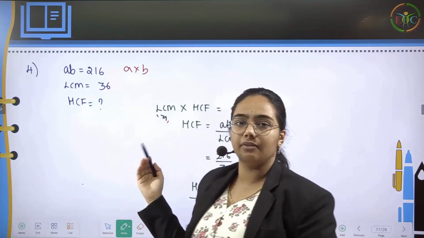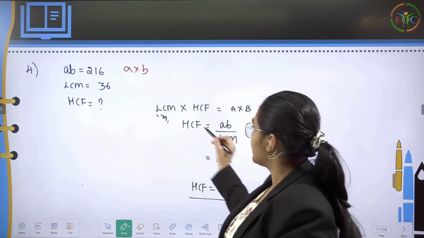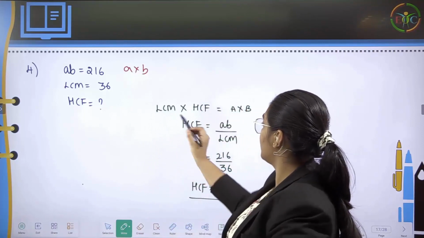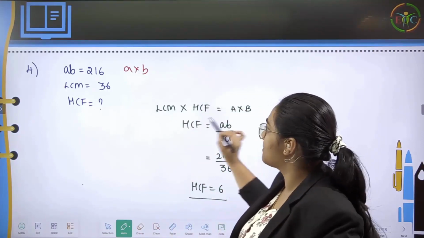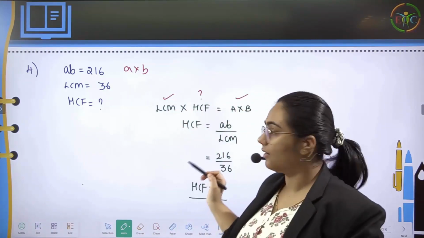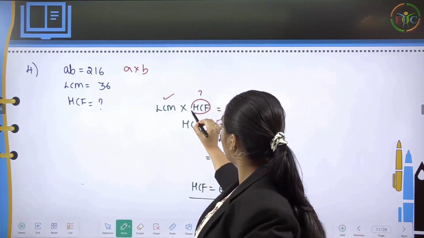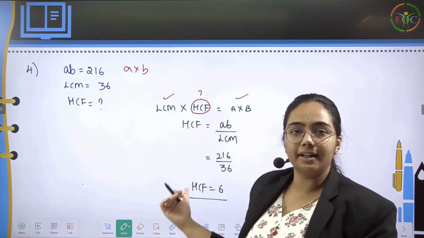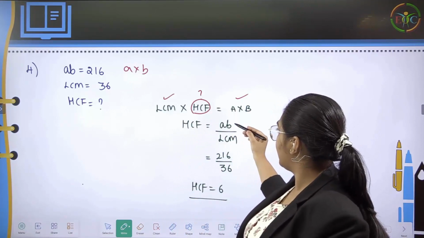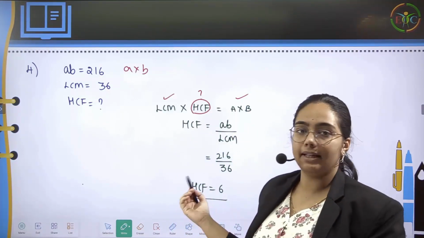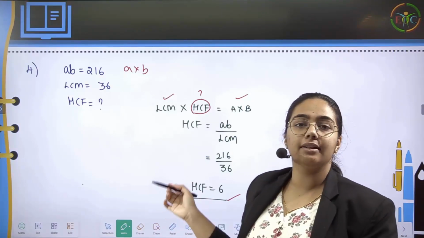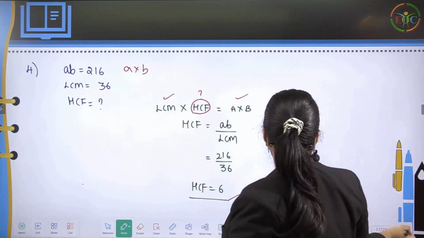Similarly, LCM is being given. HCF is what you have to find out. So when I shift LCM to the right-hand side, it becomes a denominator, right? Hence I'll be getting A into B divided by LCM. So when I substitute the values and divide, I'll be getting the HCF value as 6.